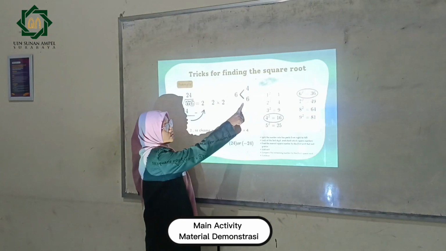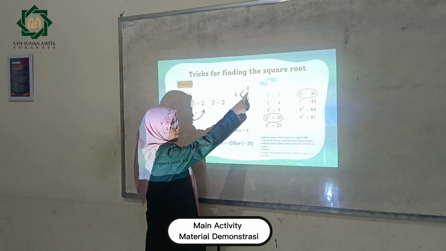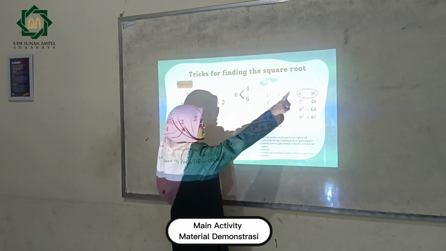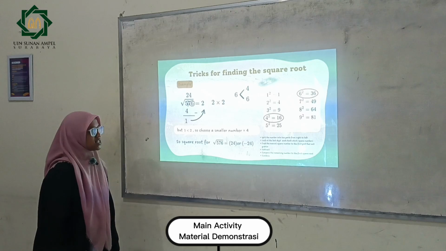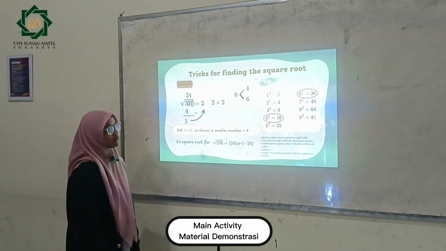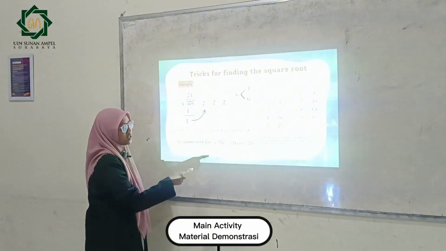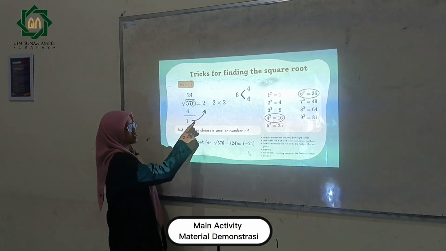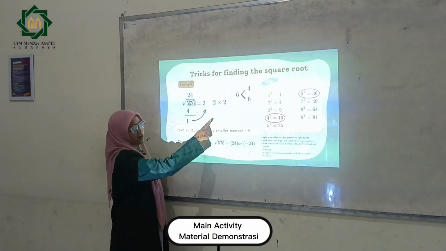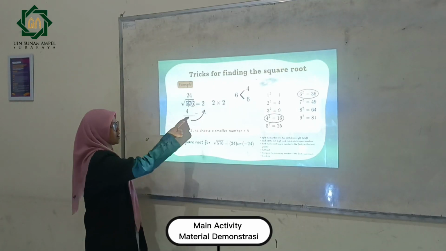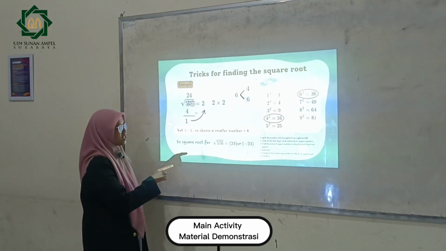There are two options, 4 squared and 6 squared. Find the nearest square number to the first part, but not greater. We choose 2 squared equals 4, because 4 is not greater than 5.